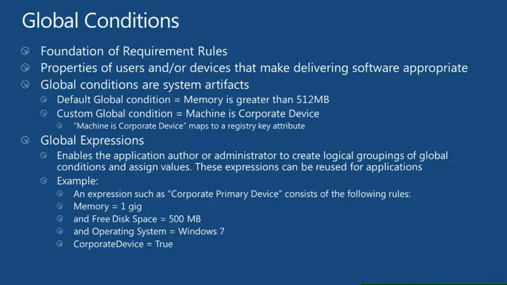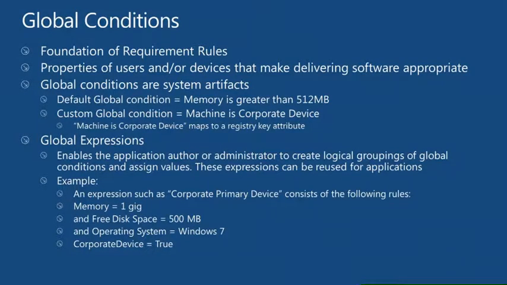We have given you templates, so you can just say, I need minimum memory, and that is one of the global conditions. So you can take that global condition and use it for your requirement rule. So you can say, default global condition, memory is greater than 512 MB, as my example says there. That's given to you in Config Manager, so you can just click and choose that.